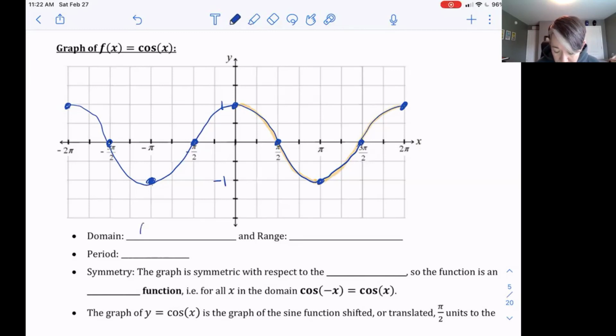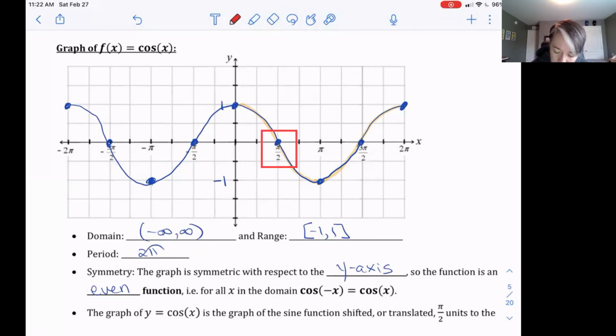So our domain is again from negative infinity to infinity, with a range from bracket -1 to 1, close bracket. Our period is 2 pi, but this time our graph is symmetric with respect to the y-axis. That means we have an even function. If we plug in an opposite x value, we still get the same y value.